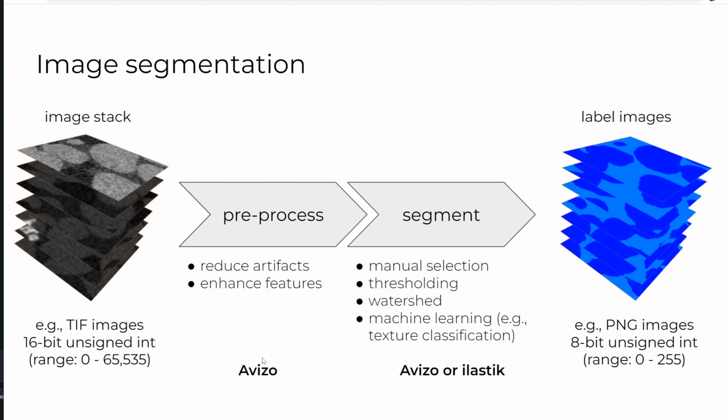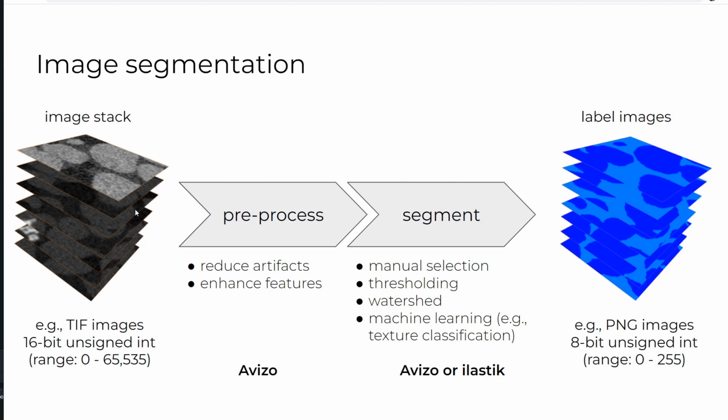The other thing that I just wanted to mention here is that image segmentation would typically be the most complex step in our workflow, especially if you're dealing with very sophisticated data. And usually it would take some trial and error to get good results.